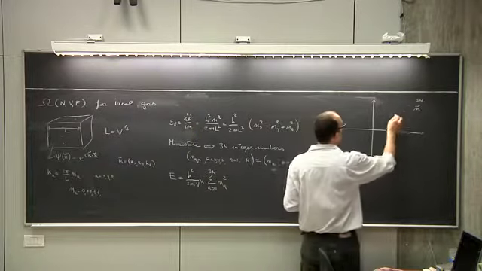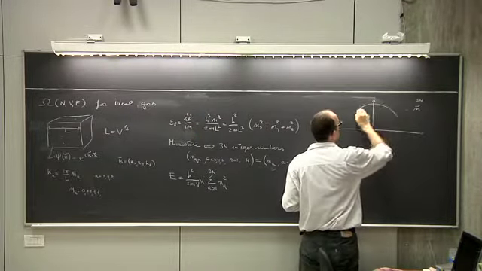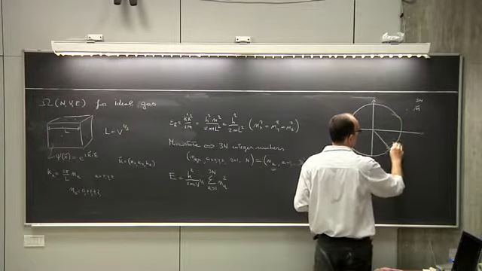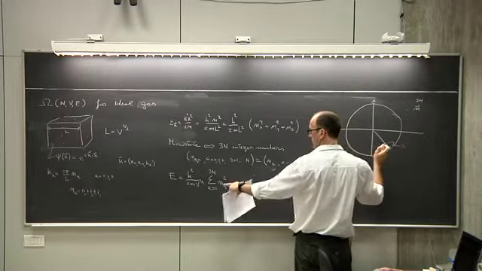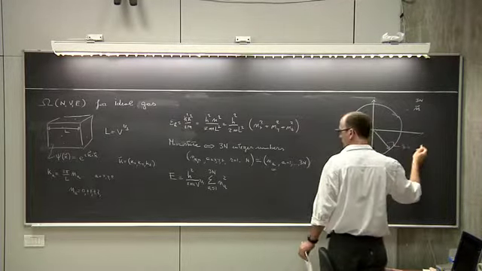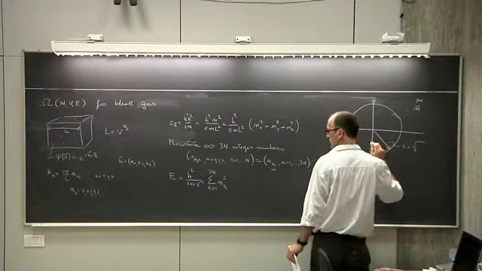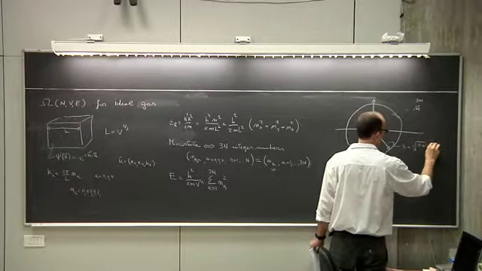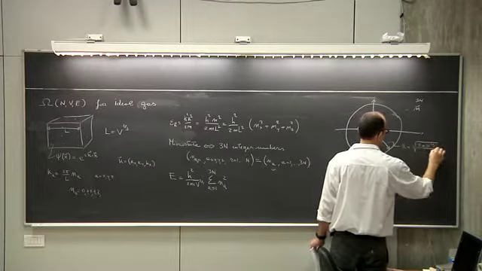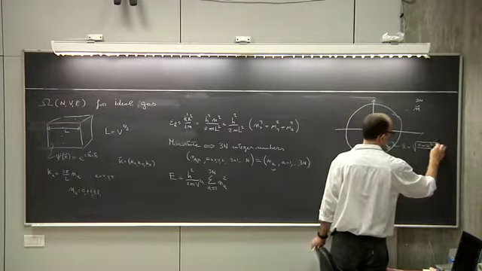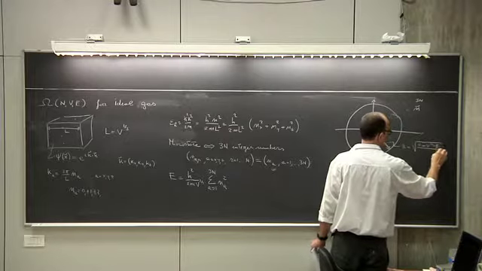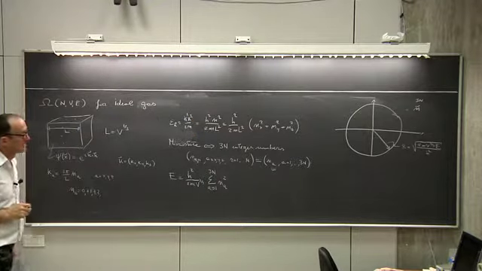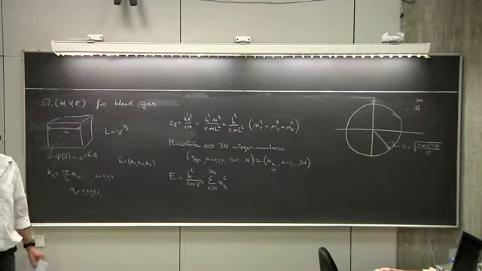The radius of the sphere is the square root of 2m V to the 2/3 times E divided by h squared. So you see, I have to deal with a geometrical problem.